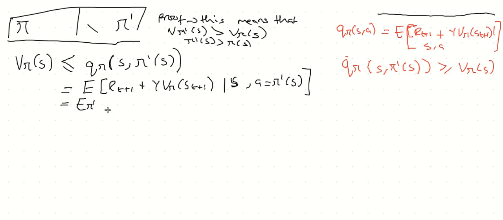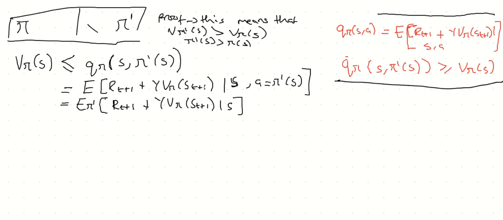The expectation over pi prime of R t+1 plus gamma V pi of S t+1 given S. That's all. Why? Because since we're taking the expectation over pi prime, we're assuming that this is the policy we're going to follow. So here we reapply the same formula.